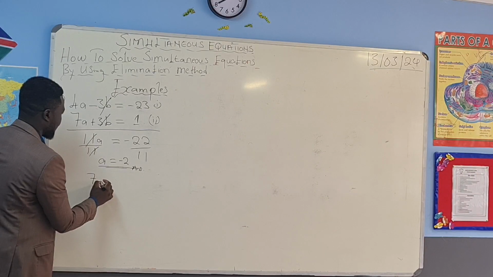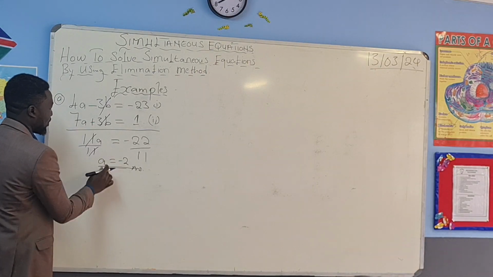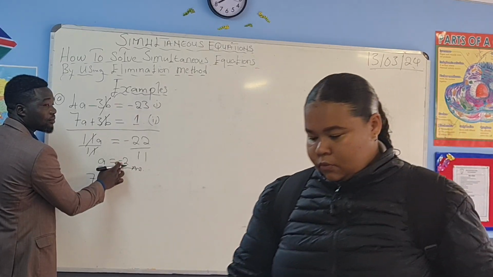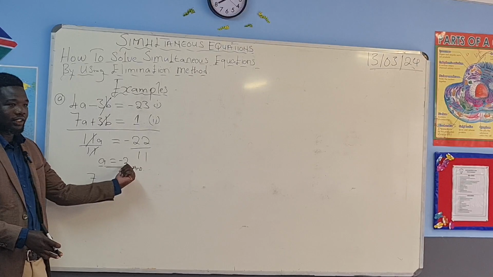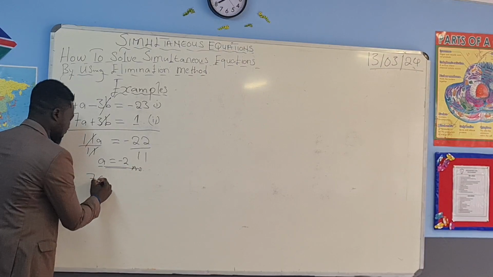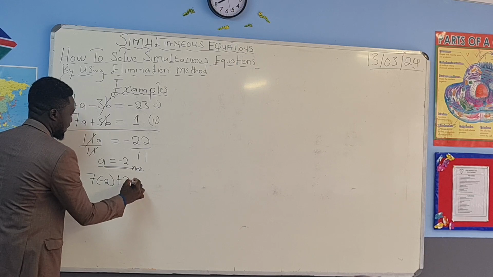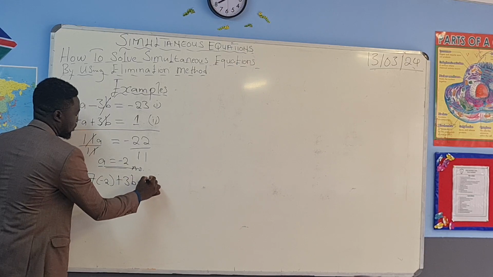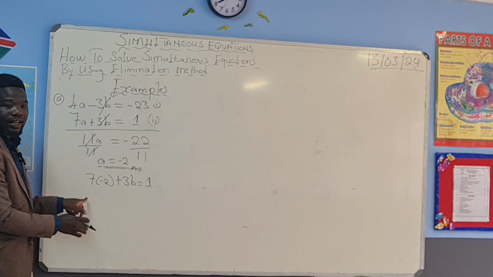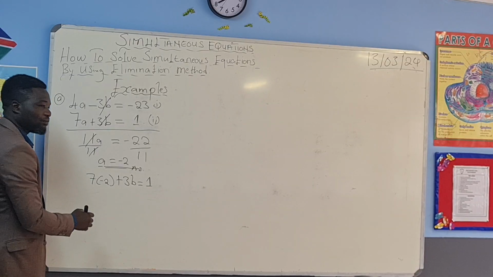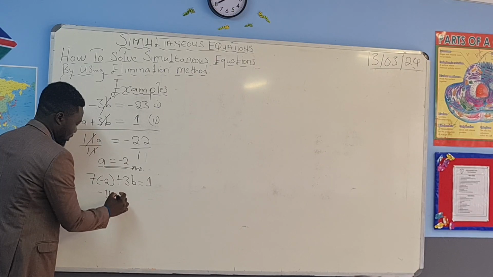Then you write 7, and where there is a, you substitute negative 2, then plus 3b is equal to 1. So 7 times negative 2 is negative 14.